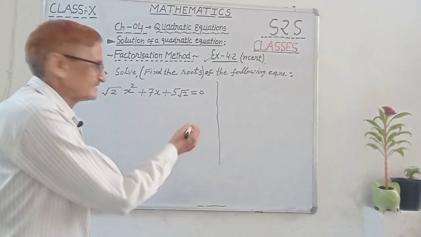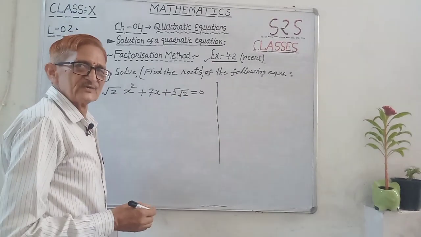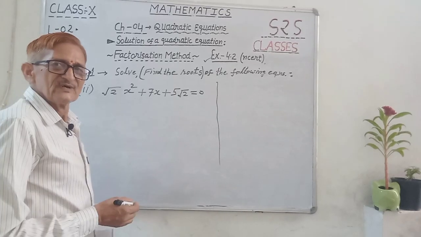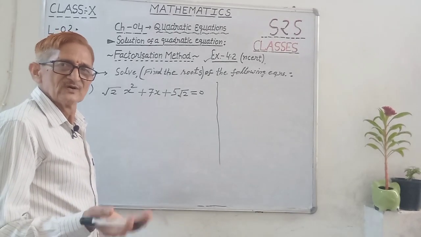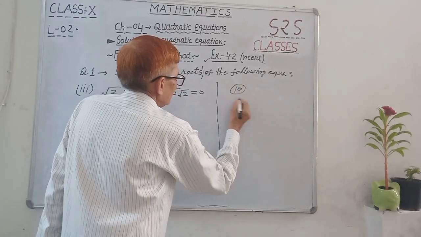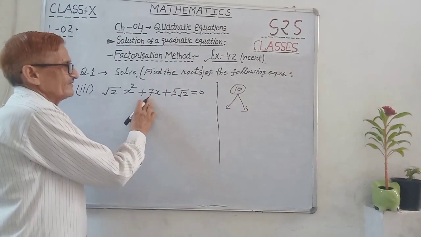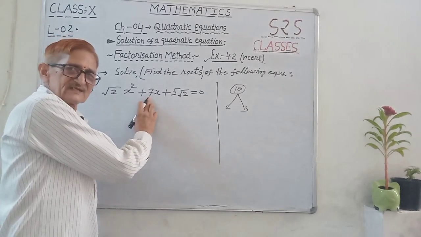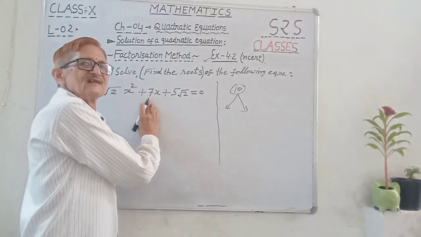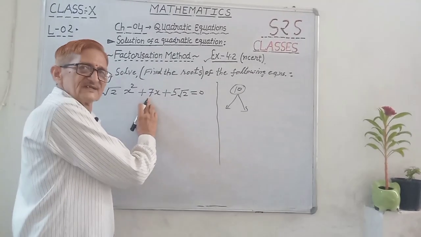Now same thing, a and c: a is root 2, c is 5 root 2. The product of both: 5 root 2 into root 2, root 2 into root 2 is 2, 2 times 5 is 10. So this is 10. Okay, make two factors of 10 whose sum is b. b is 7.